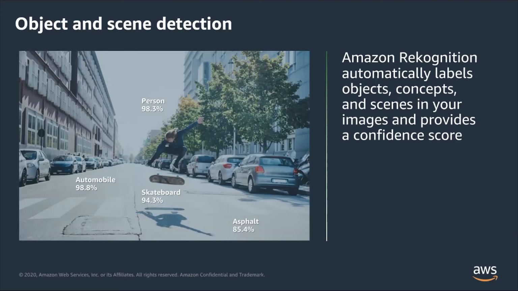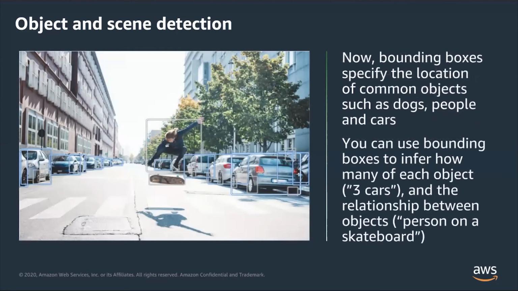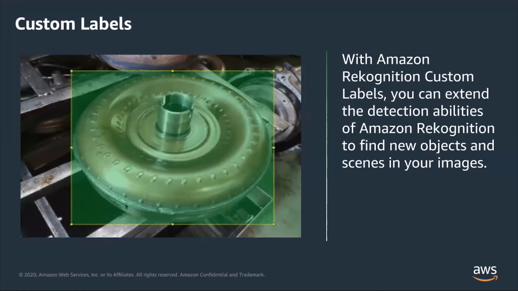One of the key functionalities that Recognition provides is the ability to add custom labels. So there are many things that Recognition already knows about out of the box, common objects. We talk people, objects like cars, text, and so on. But in some cases, there are types of things that Recognition might not already know about.